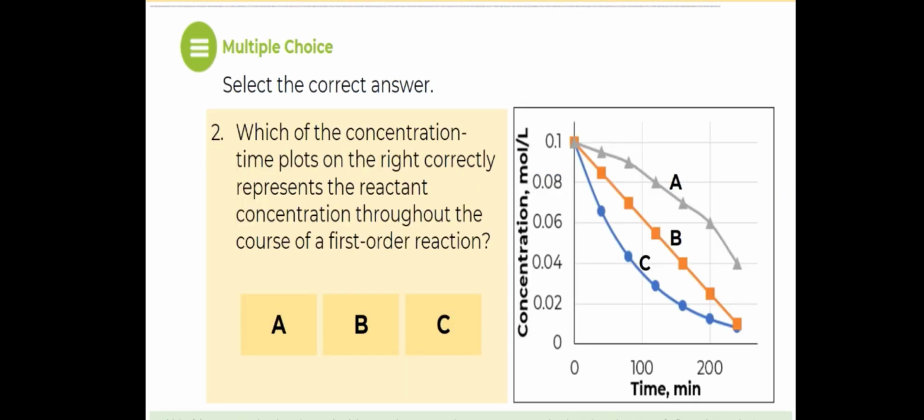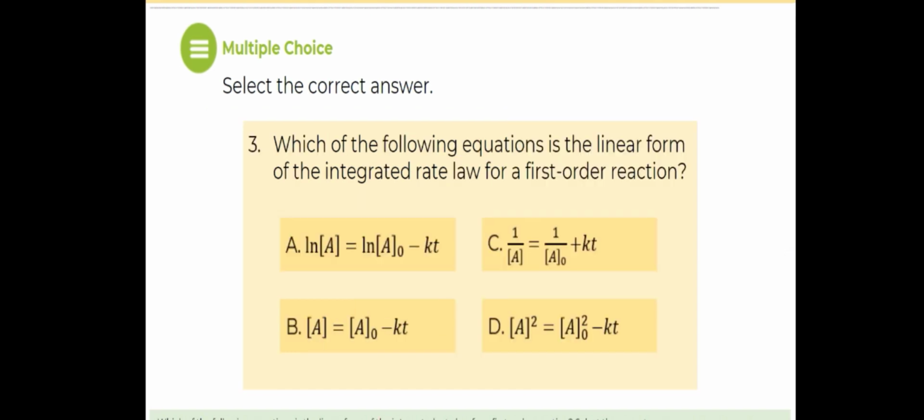Question number 2. Which of the concentration time plots on the right correctly represents the reactant concentration throughout the course of a first order reaction? Select the correct answer. Question number 3.